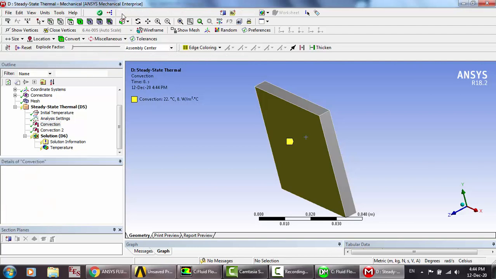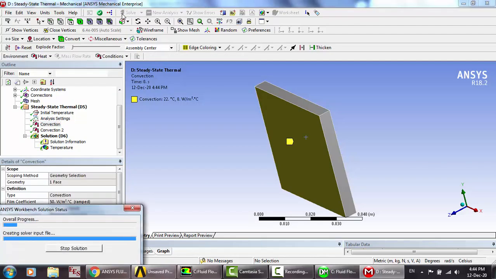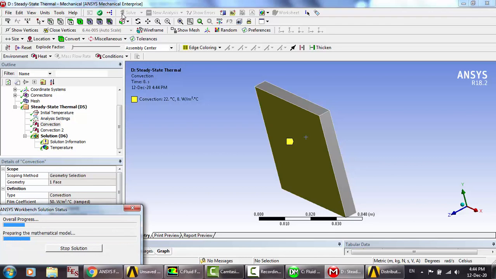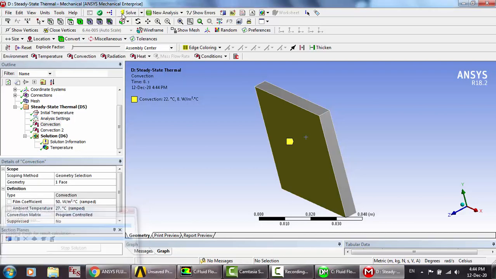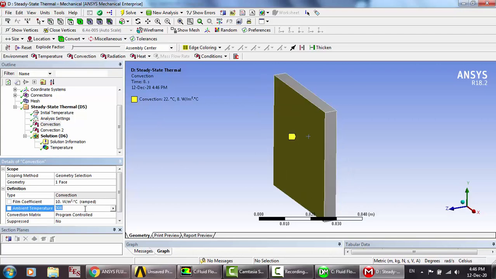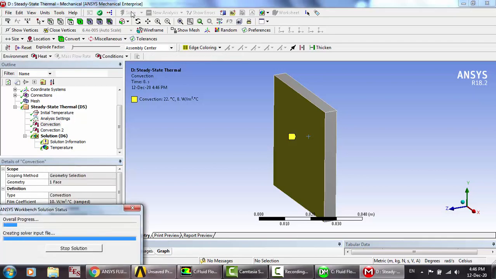Let's see what's gonna happen. The free stream for the front surface and the back surface are the same. Nothing happens. Okay, 35. So now we're gonna put 335. Let's see what's going to happen.